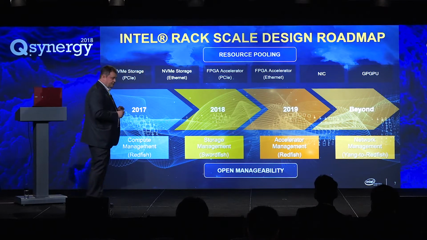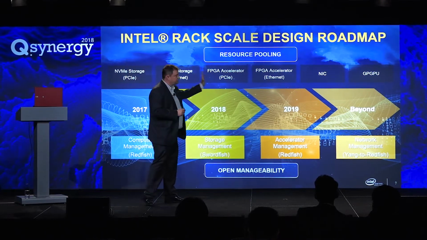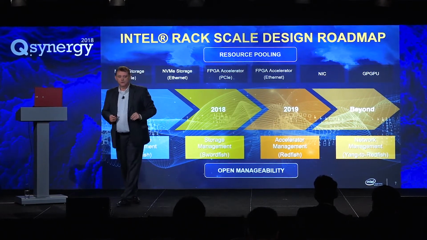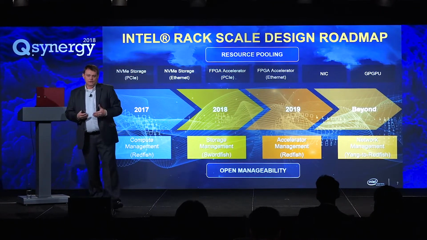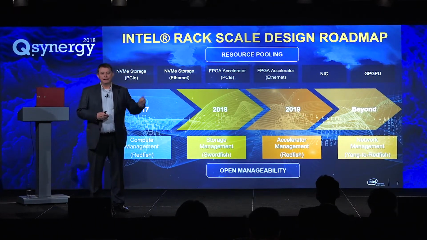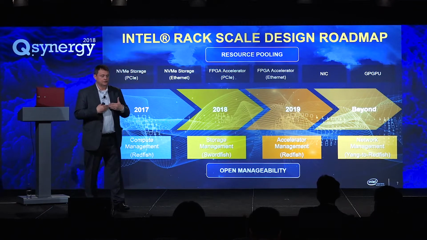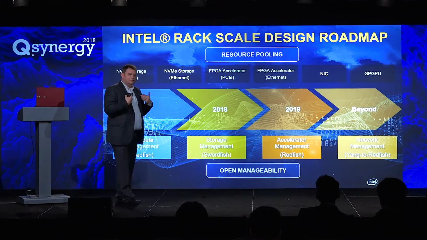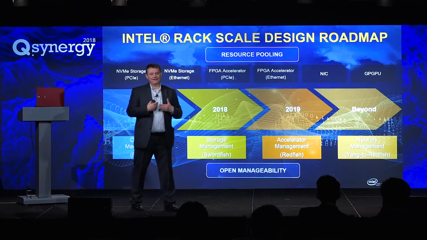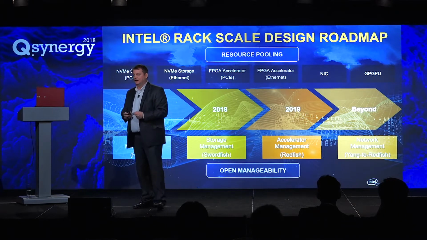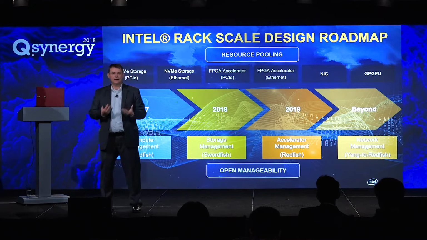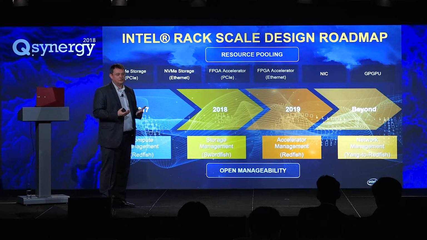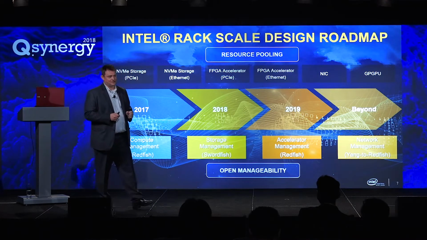So now a very quick view of the future of rack scale design. From an Intel perspective, the main message for the roadmap is very simple. If there's an Intel component that can be pooled, and it makes sense to pool it, it creates value for an end customer, we will pool it with rack scale design.